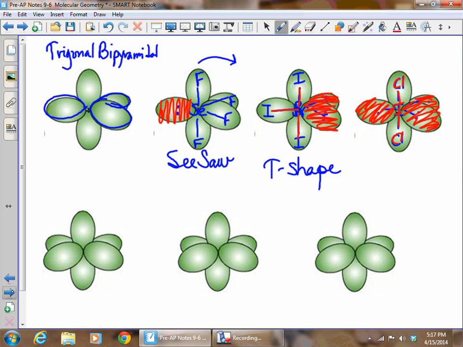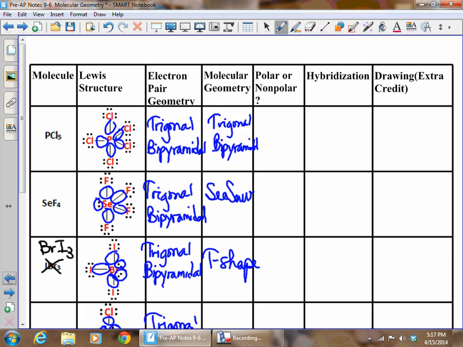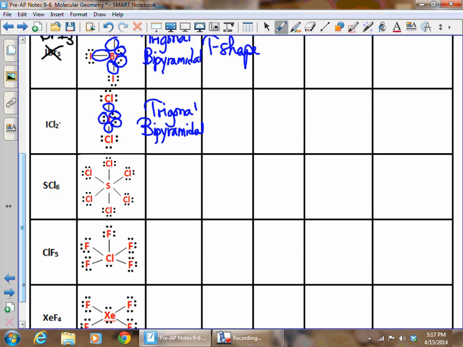I think they should have called it something else besides linear, since that gives us no indication that there are lone pairs around that central atom, but that's what they call it. So looking back here then, it's going to be linear for this structure.